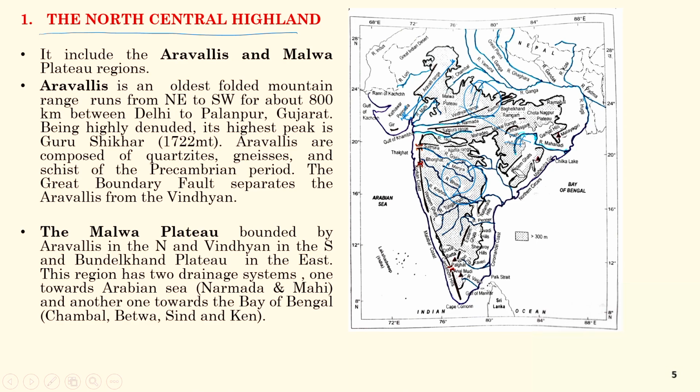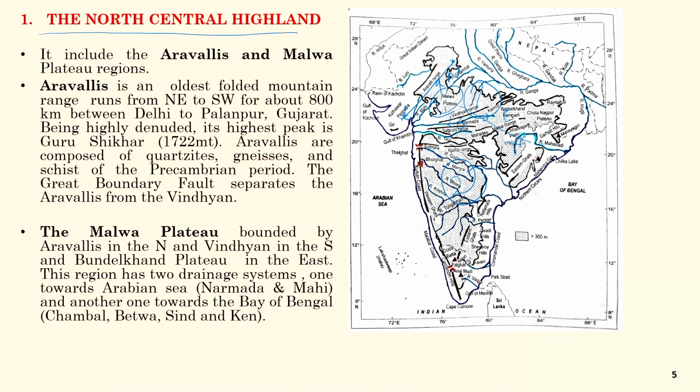Now the next one in the north central highland is the Malwa Plateau region. The Malwa Plateau is bounded by Aravalli in the north, Vindhyan in the south, and Bundelkhand Plateau on the eastern side.